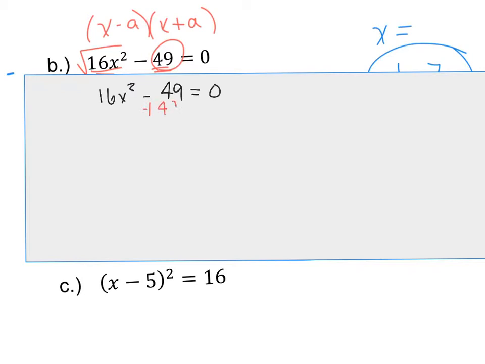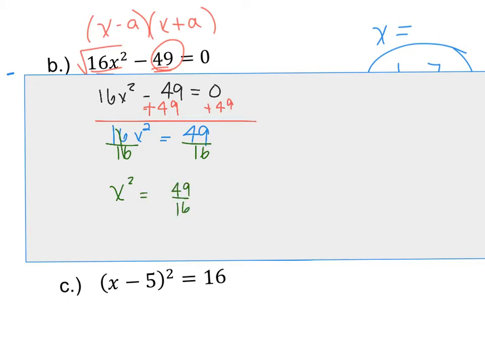If I added 49 to both sides and I got 16x squared is equal to 49, and then I divided by 16 so that I could get x squared by itself, I would get x squared is equal to 49 over 16.